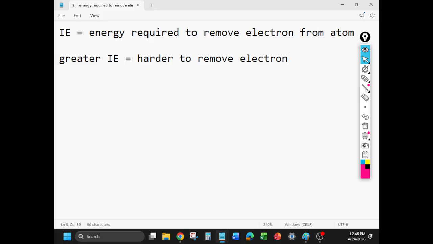It takes more energy to remove the electron. Think of ionization energy as how much energy you need to put into taking it out. And then the reverse is true as well. If it has a lower ionization energy, it is easier to remove the electron.